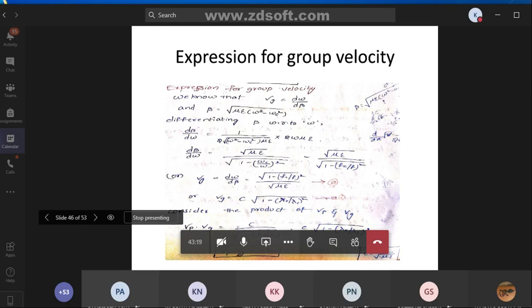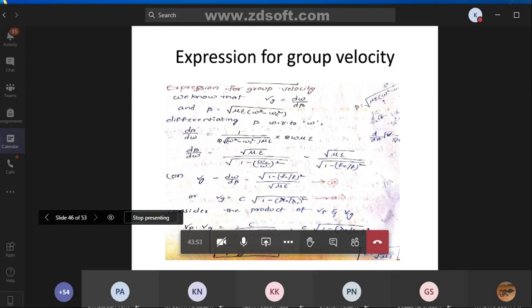So d omega by d beta equals square root of 1 minus fc by f whole square by square root of mu epsilon. Or we can write Vg equal to c into square root of 1 minus lambda naught by lambda c whole square. So in place of fc by f, we can write lambda naught by lambda c. It is the group velocity equation.